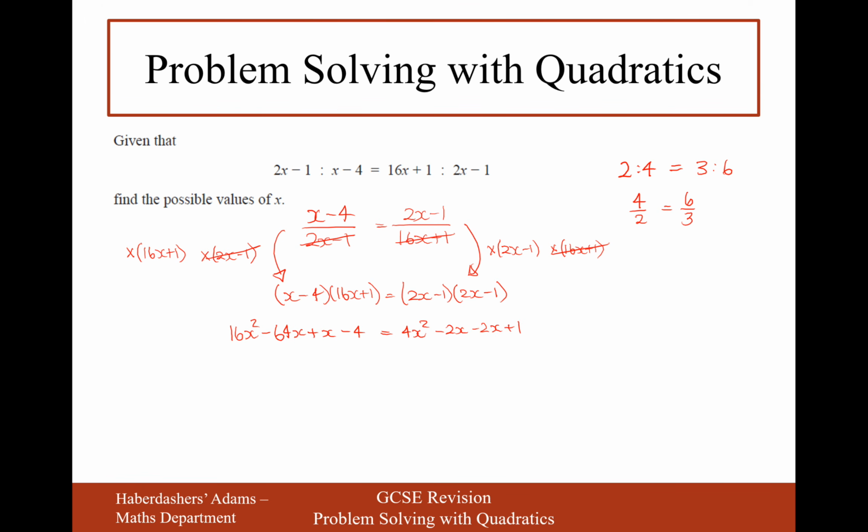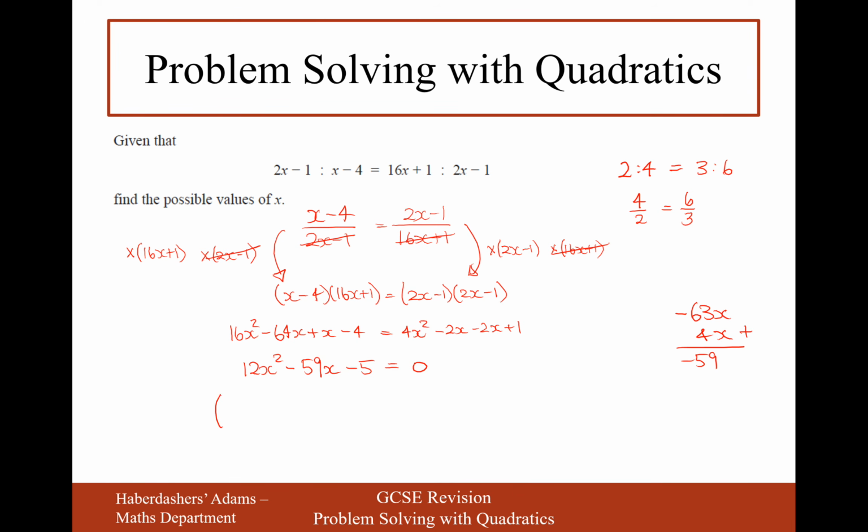Let's now move everything onto the same side, so we'll move it onto the left, so it's going to be 12x squared. This will be minus 63, but then add 4, so that'll be negative. No, wait, hold on. It's going to be minus 63x and then add 4x. So that's going to make it minus 59x. And then with the numbers, it's going to be minus 5 equals 0.